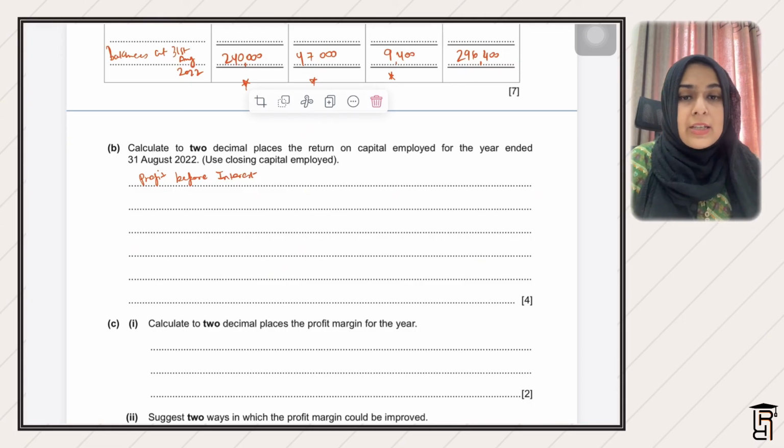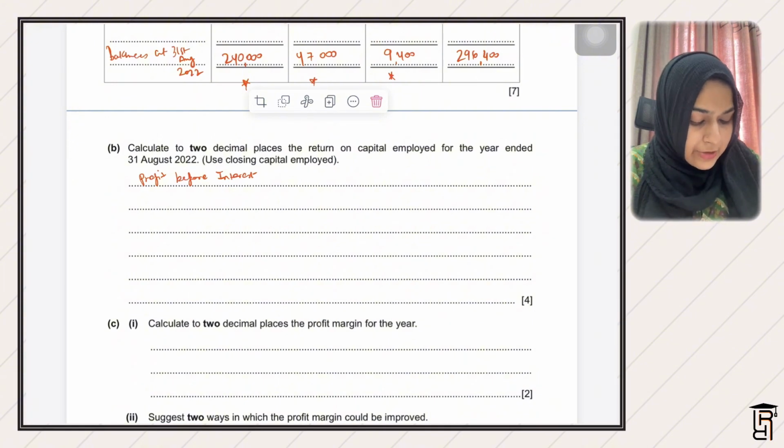So if you try to increase your gross profit margin, that is also going to improve your profit margin. So the business should try to obtain cheaper supplies to improve their gross profit margin.